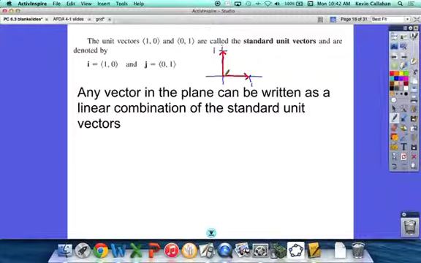So it goes 1 in the x direction, 0 in the y direction, right? This is called i. And the j is 0 in the x direction, 1 in the y direction.